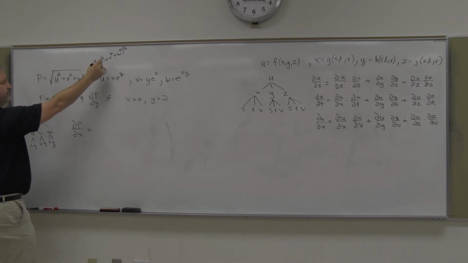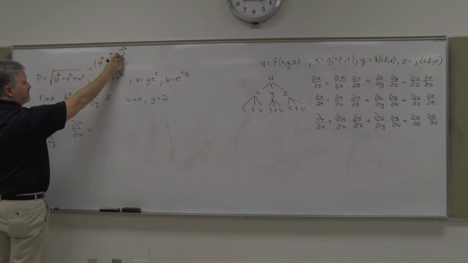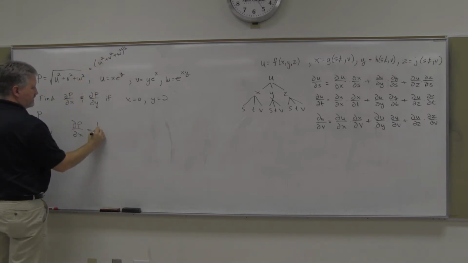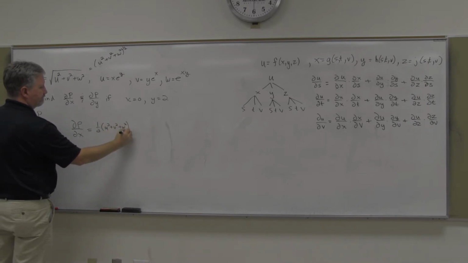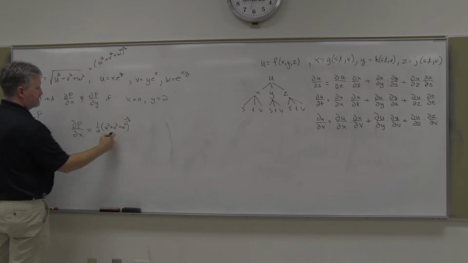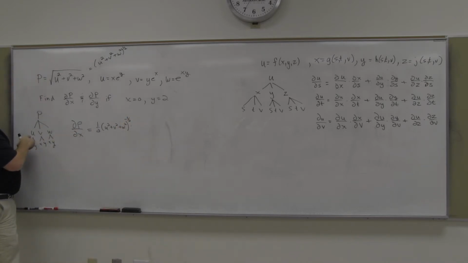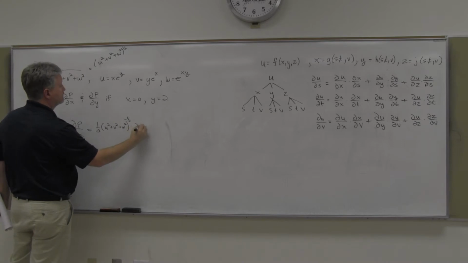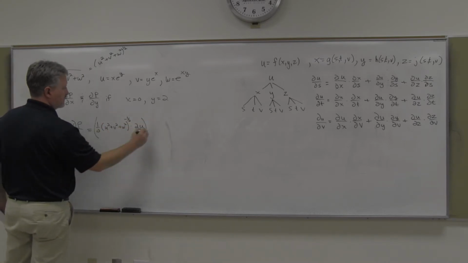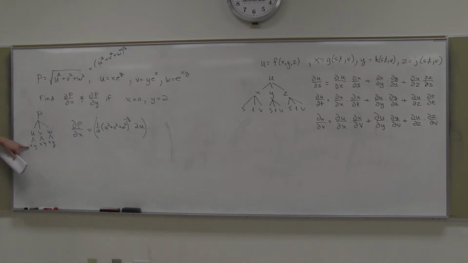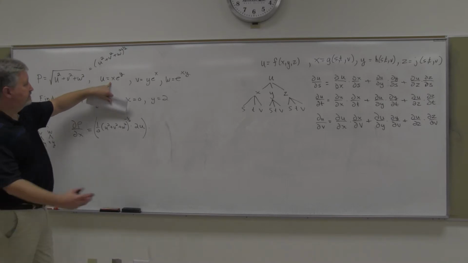With v and w fixed, I would just have to do the chain rule: 1/2 (u squared plus v squared plus w squared) to the -1/2, and then since I'm doing the partial with respect to u, that would be 2u, the inside. Now I multiply that by the partial of u with respect to x, which would be just e to the y.